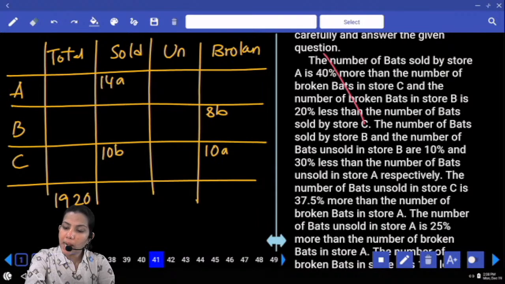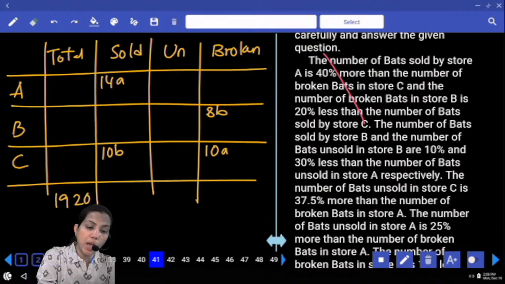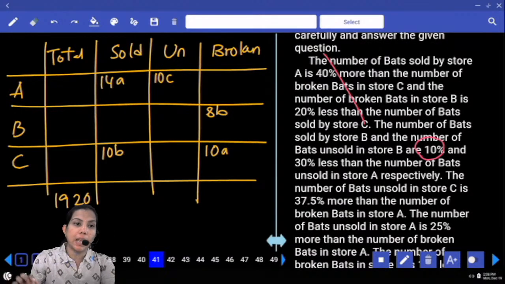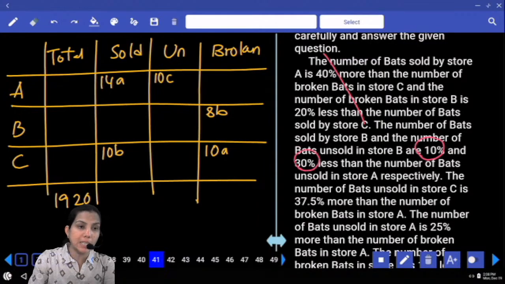The number of bats sold by store B and the number of bats unsold by store B are 10% and 30% less than the number of bats unsold in store A respectively. Unsold store A value, our assumption, is 10C. How much less is the sold value? 10%. And unsold, how much less? 30%.